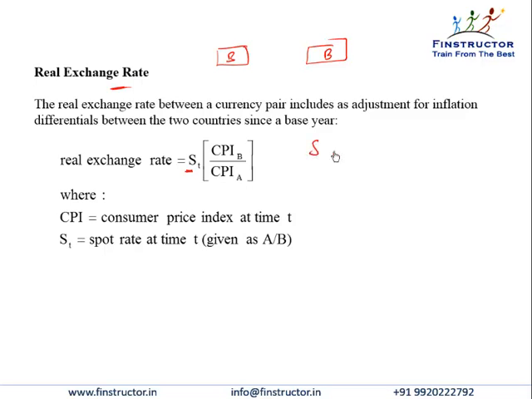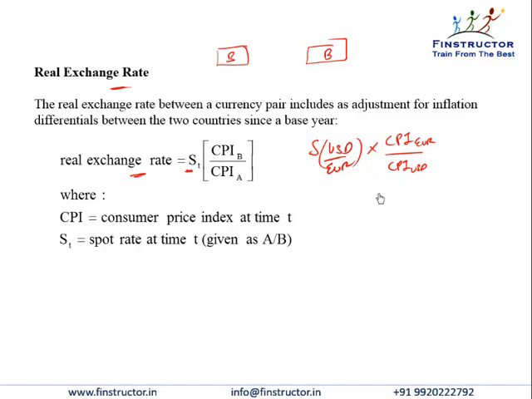So if the spot rate is in, let's assume, USD upon euro, then to calculate the real exchange rate, you need to multiply by the price of the basket in euros and divide by the price of the basket in USD. Once you do that, the units will cancel and the remaining will be the real exchange rate.